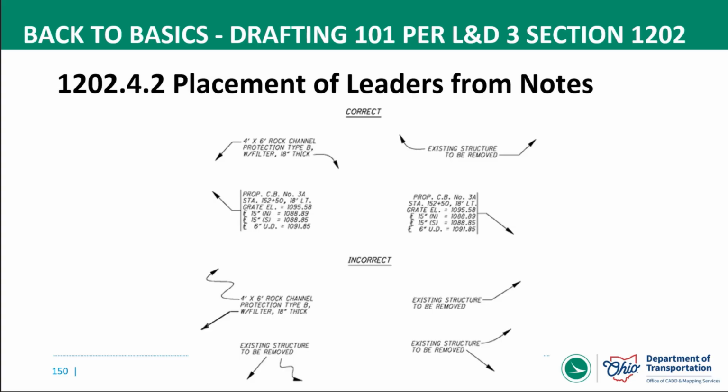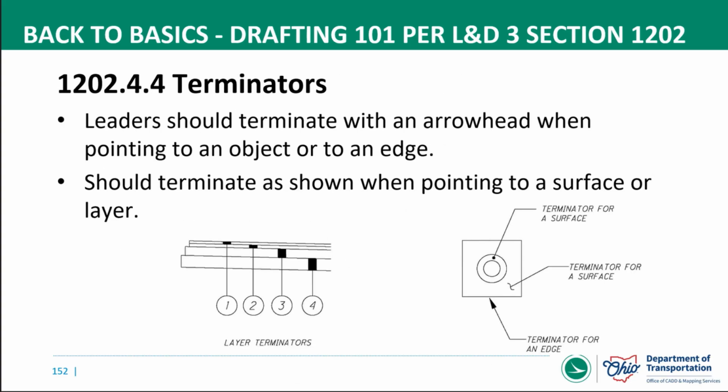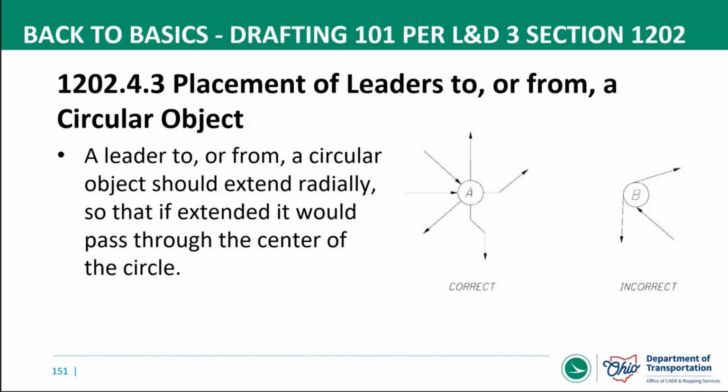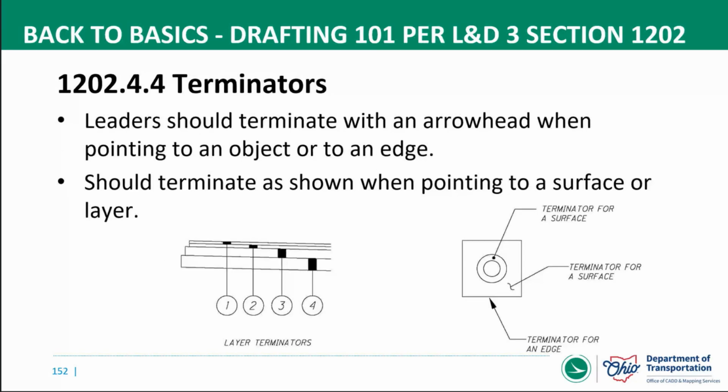Placement of leader lines to or from circular objects. That leader line basically should extend radially as if it were to extend through the center of that circle. We see these with quantity balloons, typical section balloons. It's not the end of the world, but it does make it look a lot nicer when they're nice and neat.